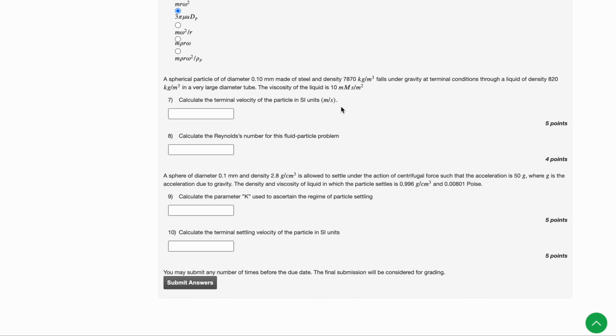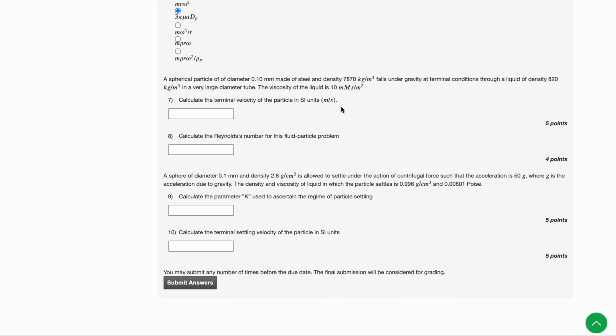So let me then try to attempt the last question. It says, a sphere of diameter 0.1 millimeter.